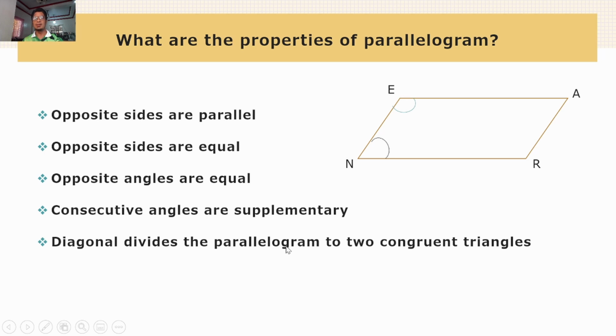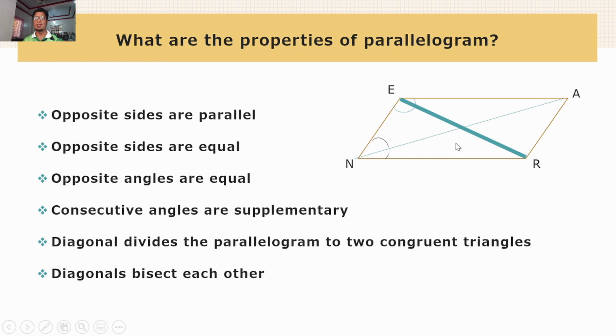Now, the diagonal divides the parallelogram into two congruent triangles. So, let's say for example, this is the diagonal. We have here now two congruent triangles, this triangle EAR and triangle ENR. The diagonal divides the parallelogram into two congruent triangles. And last, diagonals bisect each other.